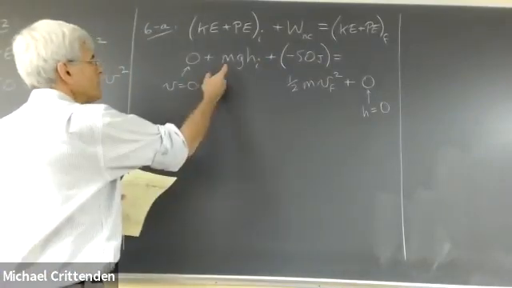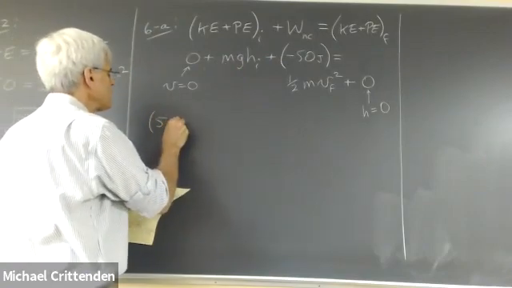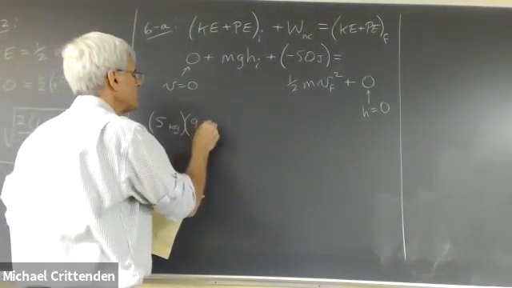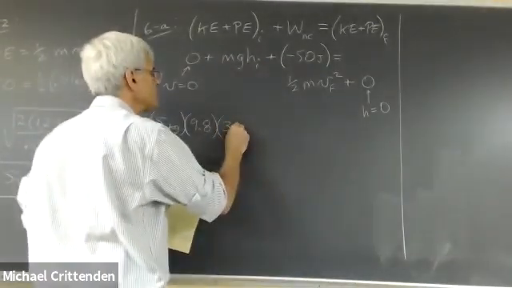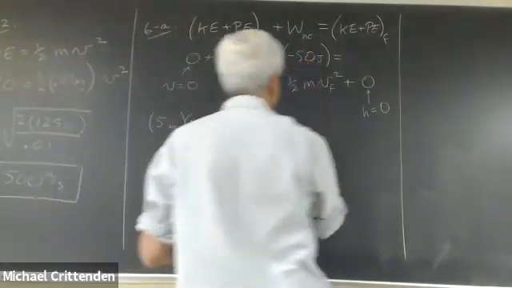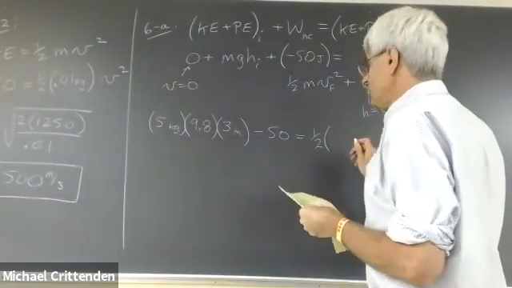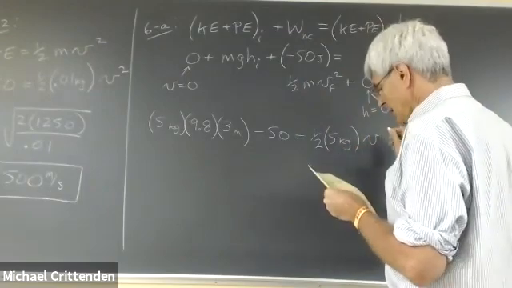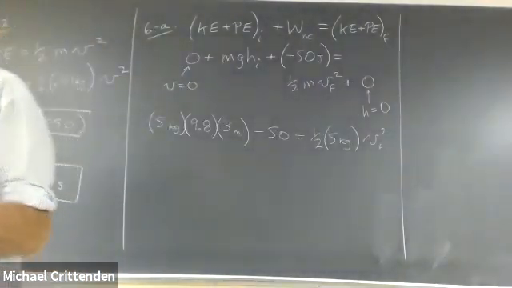Fill in the numbers. For mgh, first of all, the mass of the box is 5 kilograms. Gravity, as usual, is 9.8 meters per second squared, and the original height was 3 meters. And we've got minus the 50. 1/2 mv squared, 5 kilograms again for the mass. Final velocity is the unknown I'm trying to find.